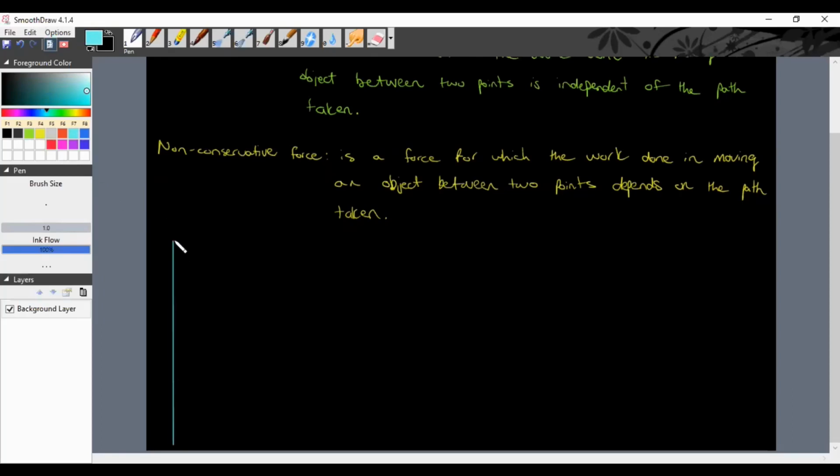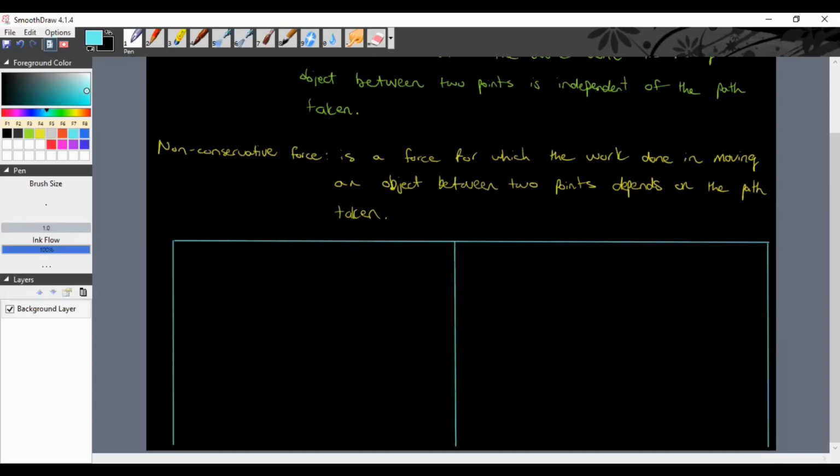This column I'm going to use for conservative forces and give examples of each, and this one for non-conservative forces.